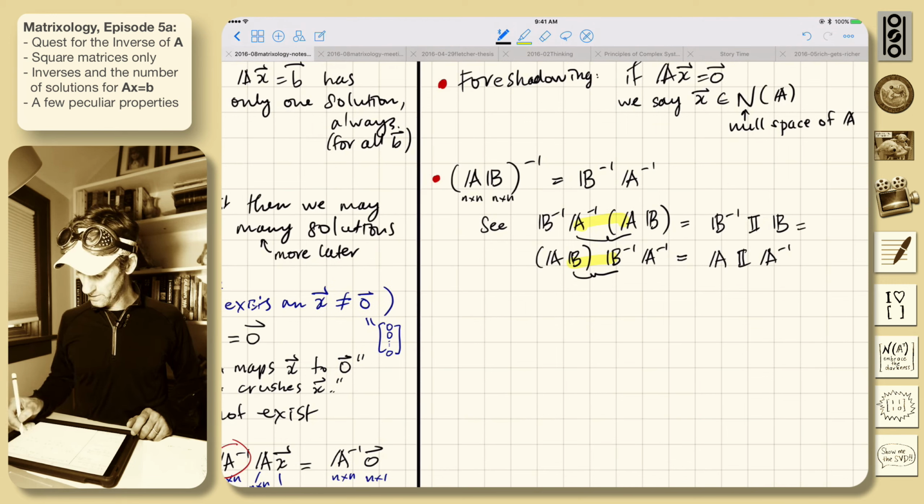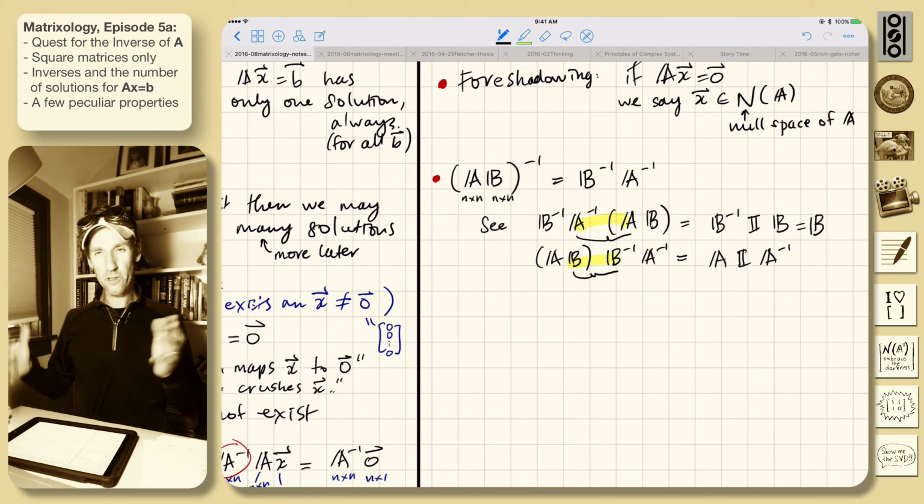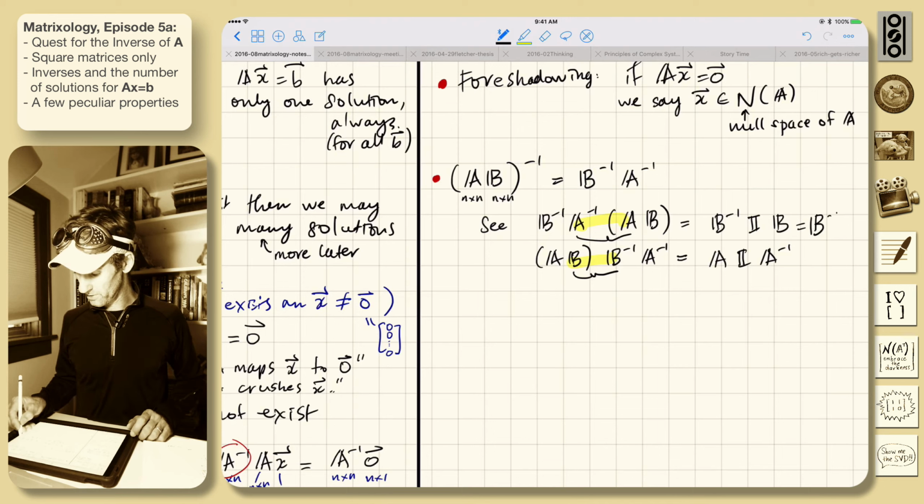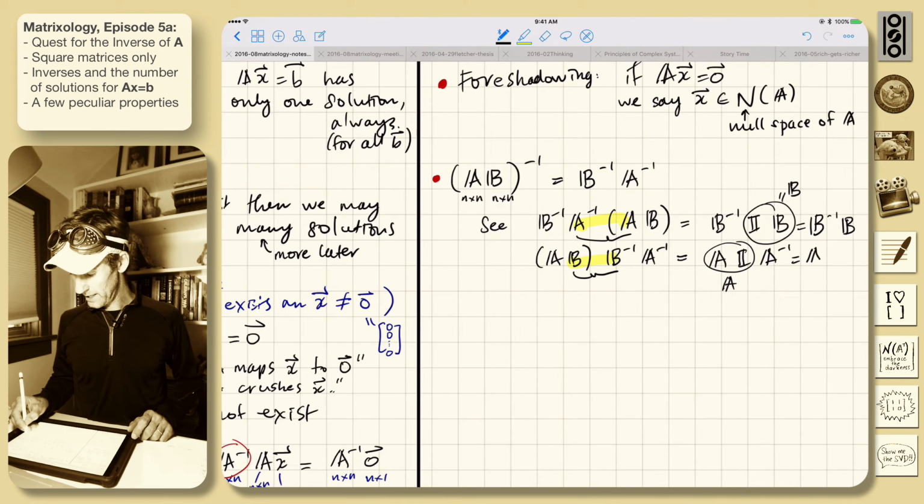Identity matrix times anything is itself, so this is just b to the minus 1 times B. You could take IB and replace this by B. It doesn't matter which one you do. We could say this is equal to A times a to the minus 1. And both of these are exactly the definition of the inverse.